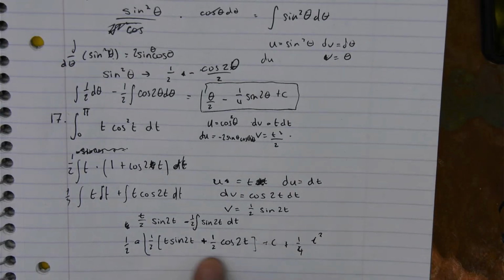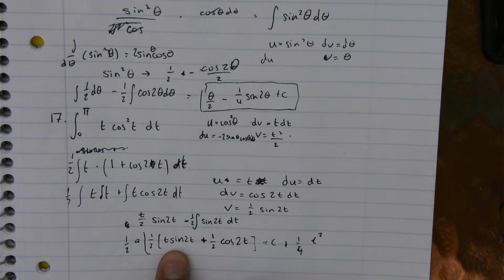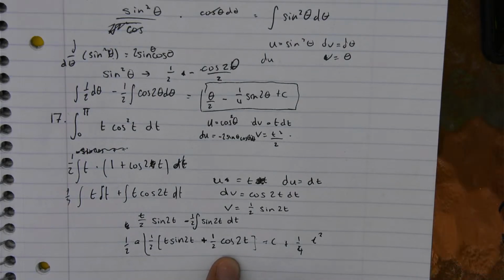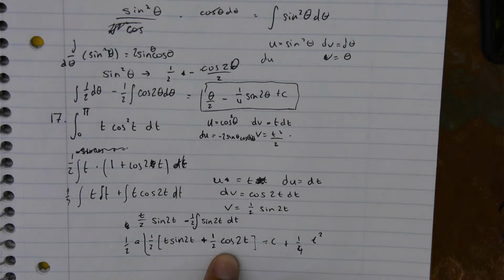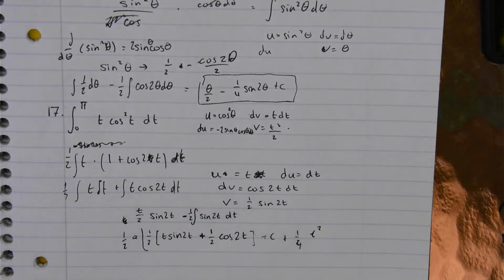And then we got this 1/8 t sine 2t plus cos 2t. All right. I think we got it right. Nice. That's like the first one I've gotten right in forever, man.